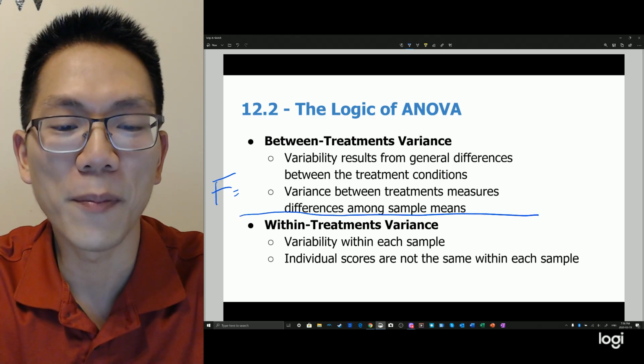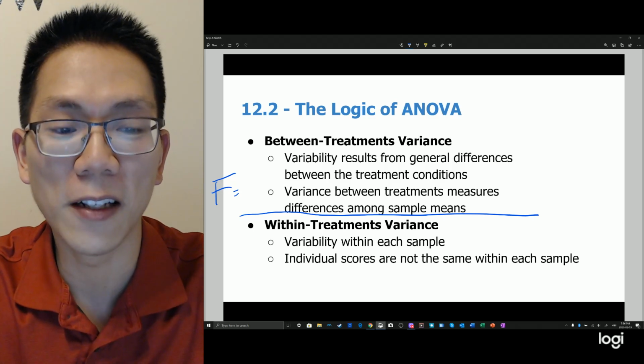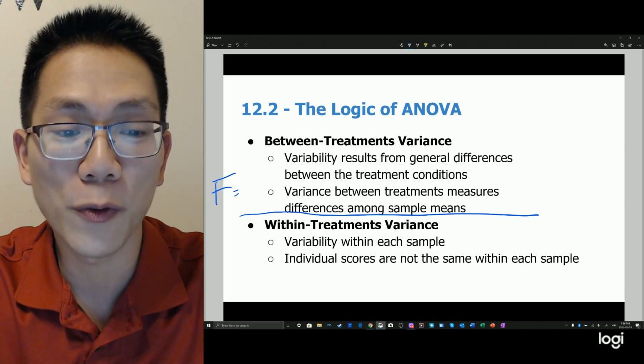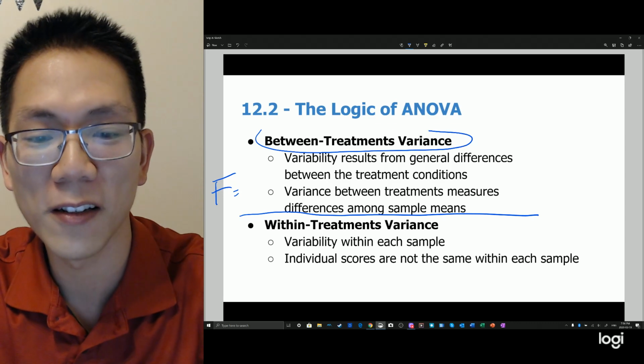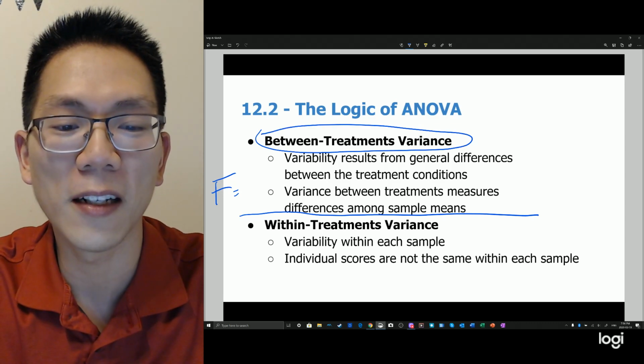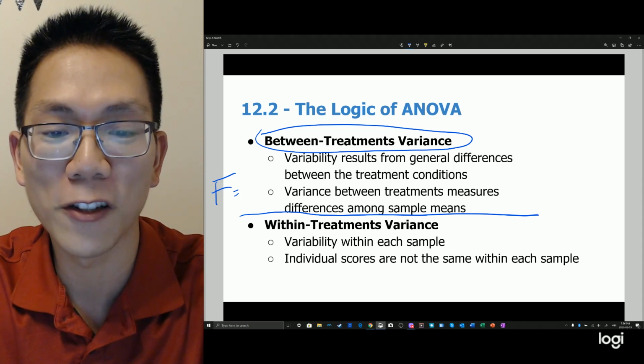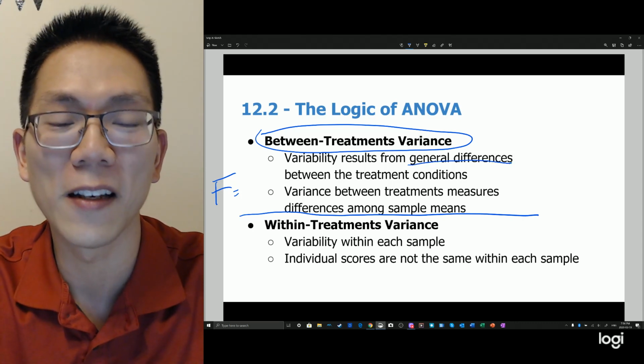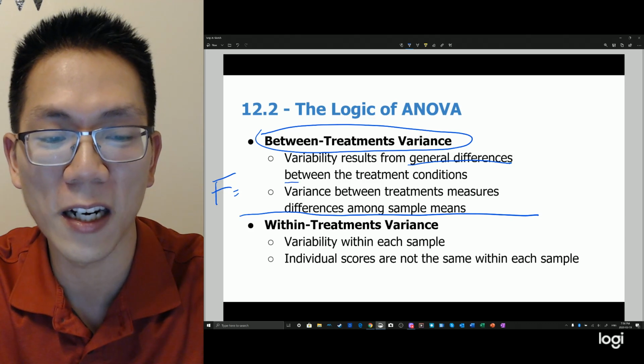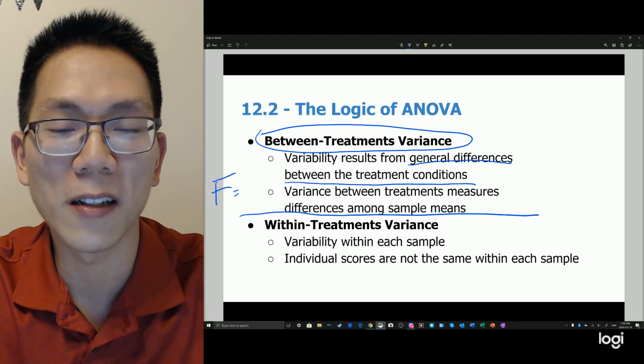So a bit more detail about these types of variances. Between treatment variance is the variability that comes from differences between groups. So generally, it reads as differences between treatment conditions.